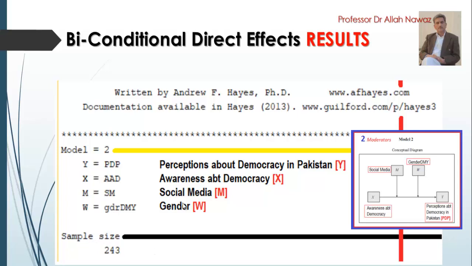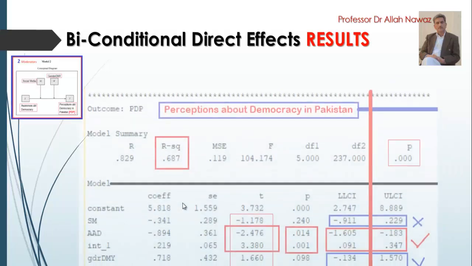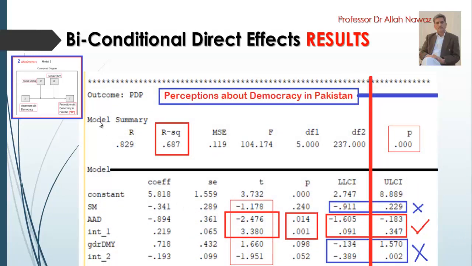So let's go to the first output, which talks about the inferential statistics or testing of hypothesis. The first output is about perceptions about democracy in Pakistan. It has been predicted by social media, awareness of respondents about democracy, interaction term 1, then the gender variable, and interaction term 2.